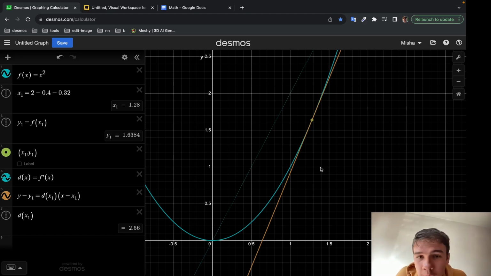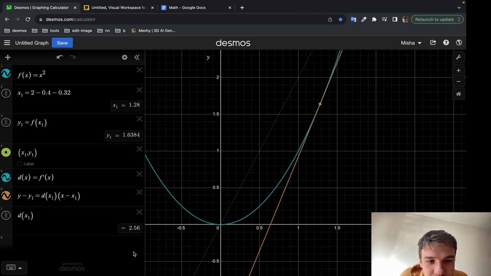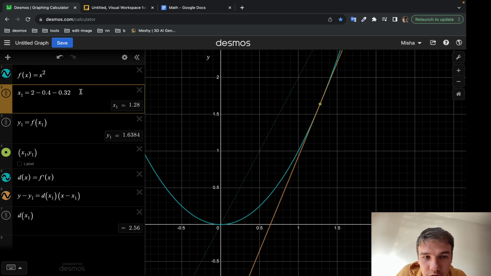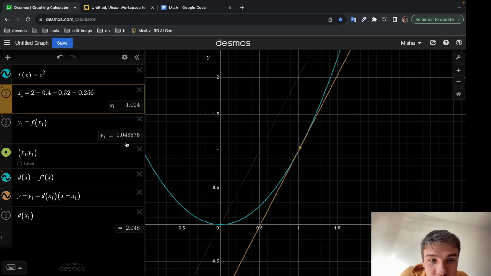So now I'm going to do the same thing. I'm going to multiply 2.56 by 0.1. Multiplying this by 0.1 gives me 0.256. Now I shall subtract 0.256 and again check what our loss becomes. So minus 0.256, and our loss becomes lower. Now it's 1, before it was 4.